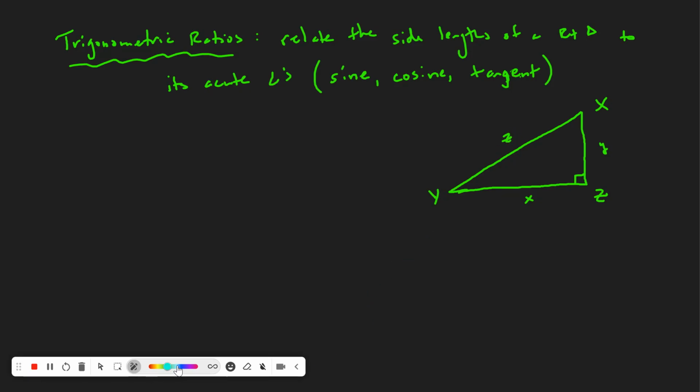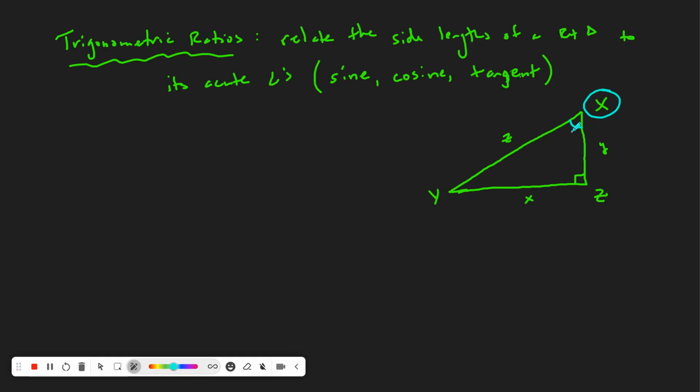Okay, so let's talk about what we're going to do here. Whenever you talk about sine, cosine, and tangent, you identify an angle in the triangle that you're referencing from. So we're going to identify X as that angle. When you work with trigonometry, you have to label the three sides in the following manner.